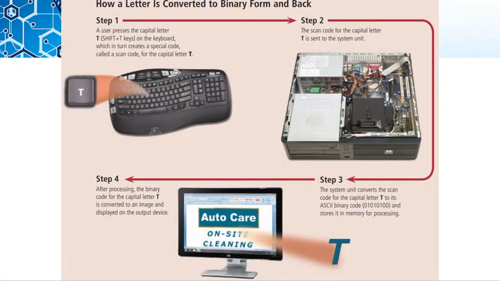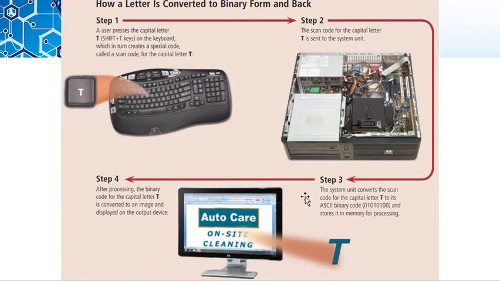So how is a letter converted to binary? This is the simplest explanation. First step, the user clicks any character on the keyboard, for example Shift T, which means a capital T. Next, the scan code for the capital letter T is sent to the system unit.